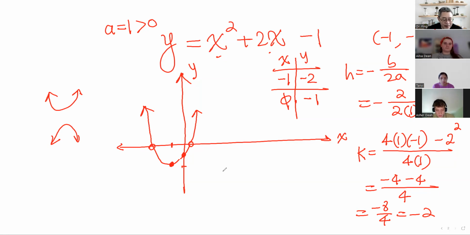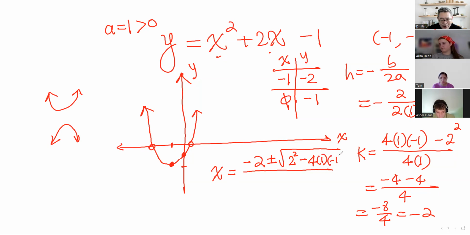We need to use the quadratic formula. So we get x equal to -2 plus or minus the square root of b squared, which is 2 squared, minus 4ac, where 4 is here, a is 1, c is -1, over 2a.